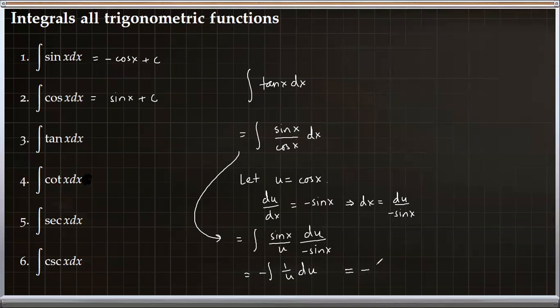So this becomes negative natural log of absolute value of u. But we know u is cosine of x. So negative natural log of absolute value of cosine of x plus constant. So this is the integral of tangent. So antiderivative of tangent of x is negative natural log of absolute value of cosine of x plus constant.